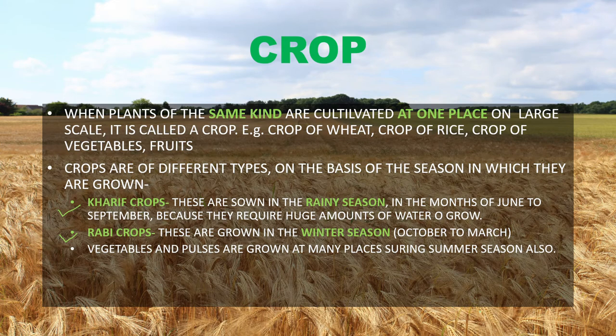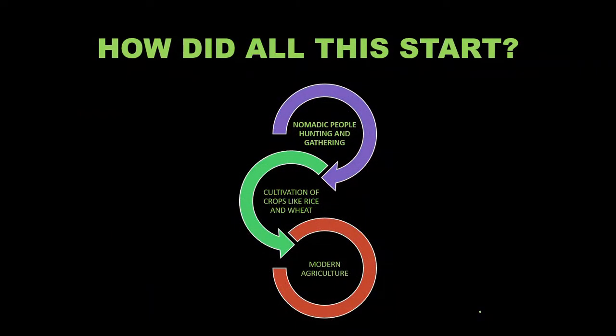Okay, do you know how all this started? As early men, we were nomadic people, moving from one place to another and hunting and gathering anything that we could eat. That is why early men, before they started doing agriculture, were called hunters and gatherers.